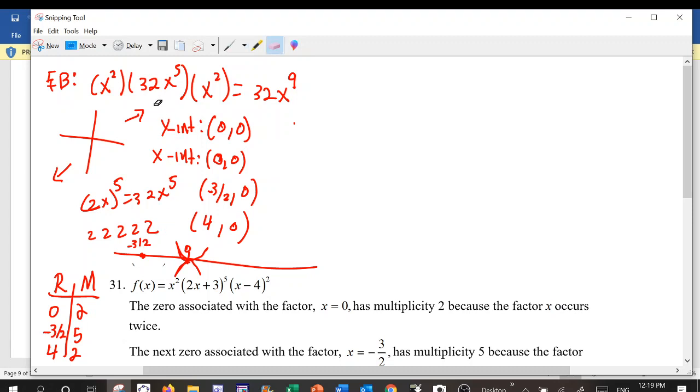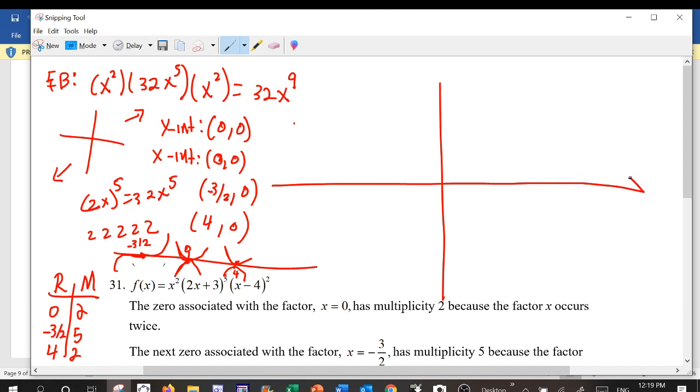Well, the factor is to the 5th power, so here it is going to flatten and then cross. And at 4, what's going on? At 4 it is also bouncing, either this way or that way. So let's graph this.